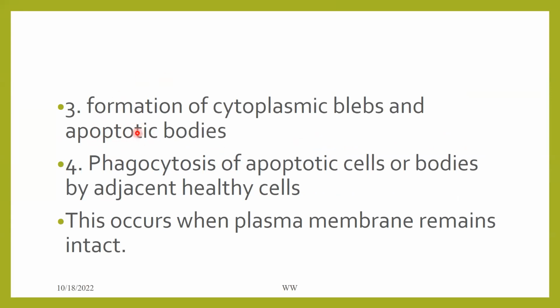So we see apoptotic bodies in pathological processes, physiological processes as well. That is breaking off of nuclear material and cytoplasmic material with a cytoplasmic membrane and forming little bodies, almost like a small cell, but it's actually an apoptotic body. It's not a full cell, it's just components of it.